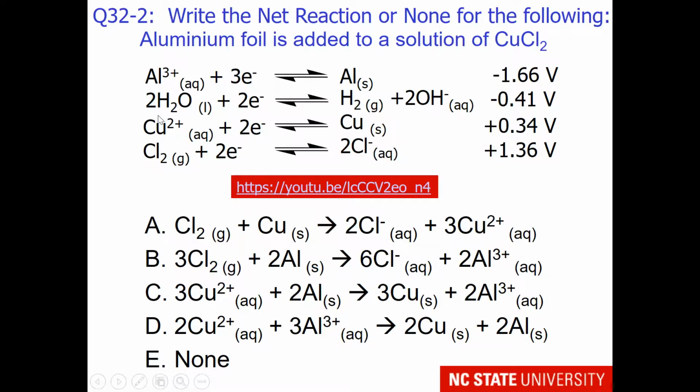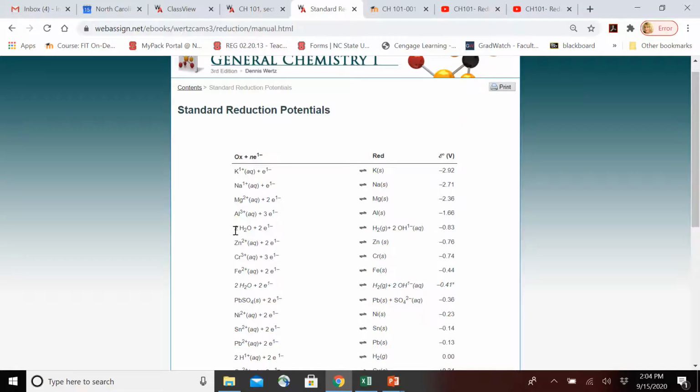I want to highlight something for you concerning the water reduction reaction. You may notice on the table that there are two reactions exactly the same, but with different reduction potentials. There is this reaction with water as the oxidizing agent at minus 0.83, and this reaction with water as the oxidizing agent at minus 0.41, and a star next to it.